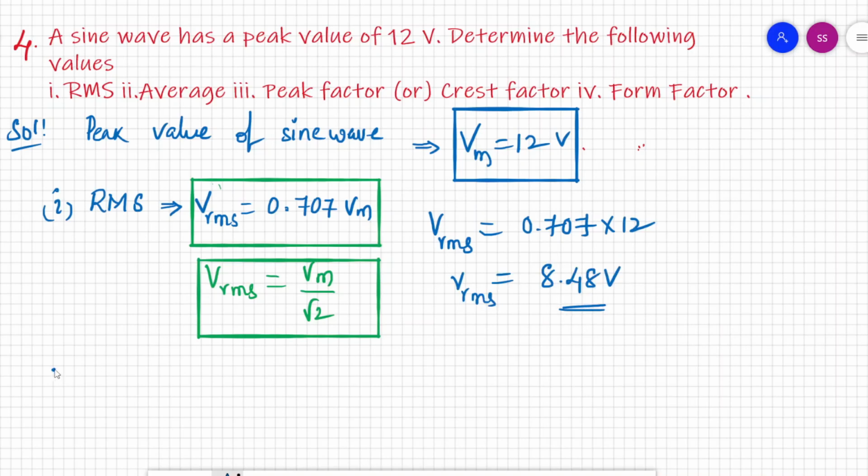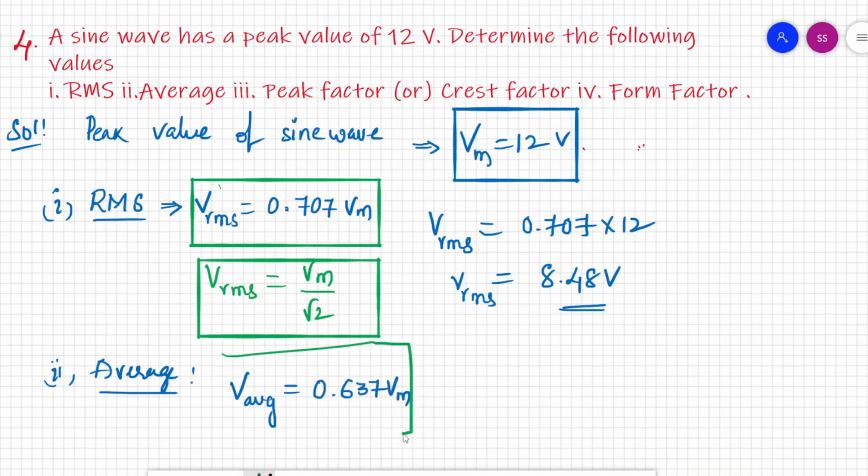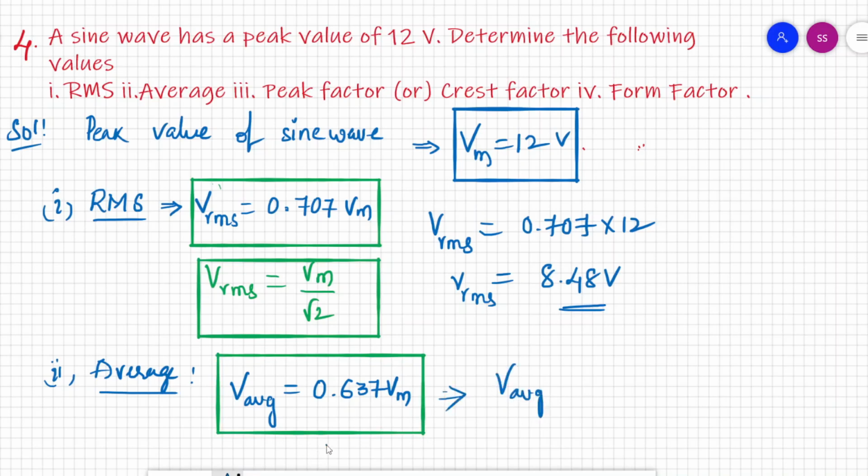Now let us find the second value, that is average value. How can you find average here? So V average equal to 0.637 VM. This is the expression when we have peak voltage. Okay, so if we have peak voltage, you can substitute directly in this expression so that you can get the value of V average. So this can also be 2 VM by pi, right?